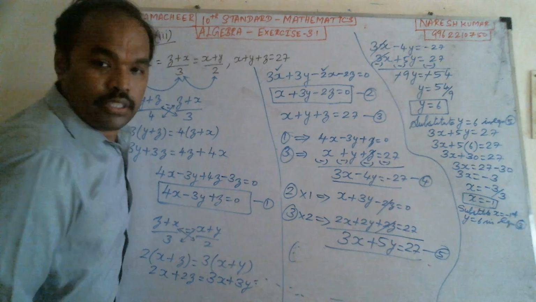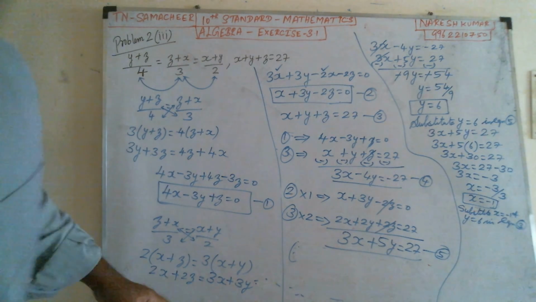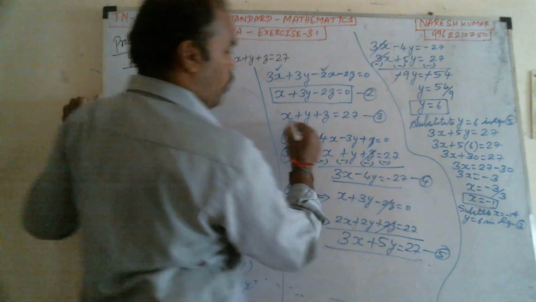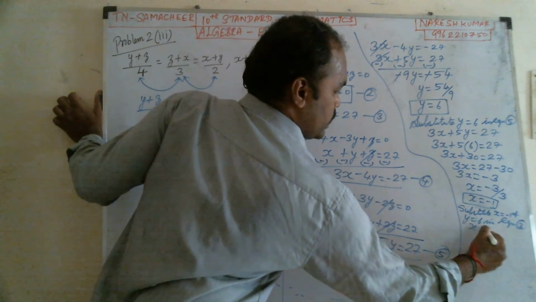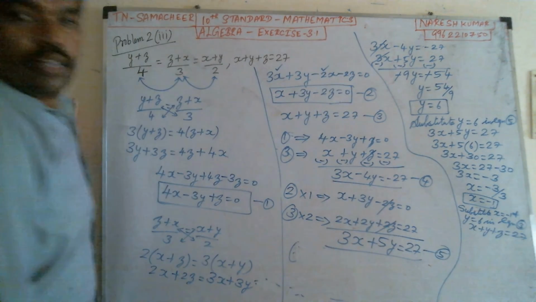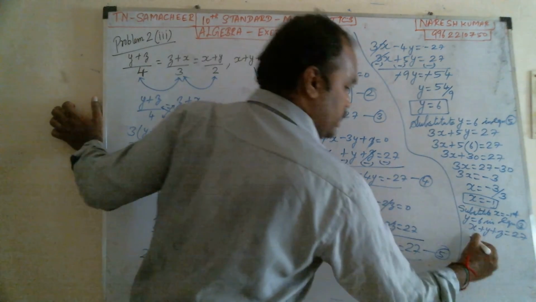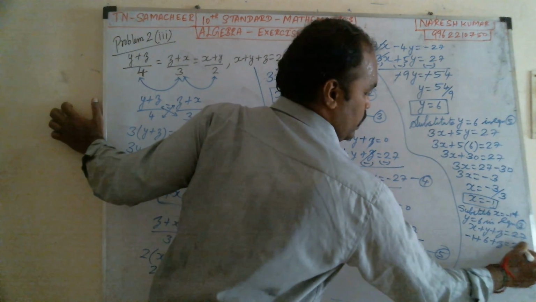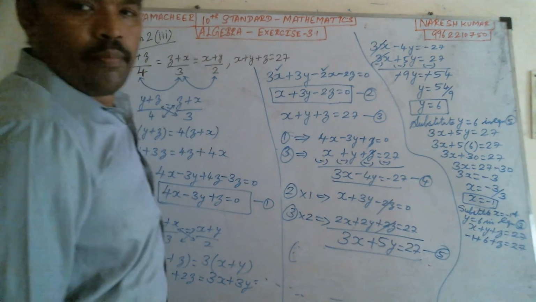In equation 3, what is the equation? x plus y plus z equal to 27. The next one: x is minus 1, y is 6, equal to 27.